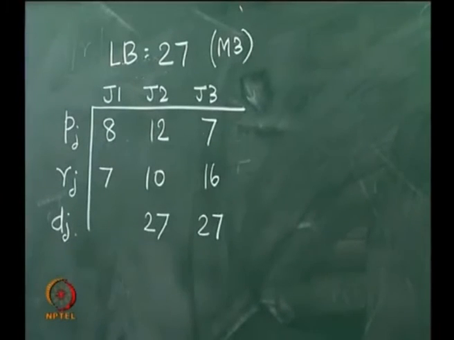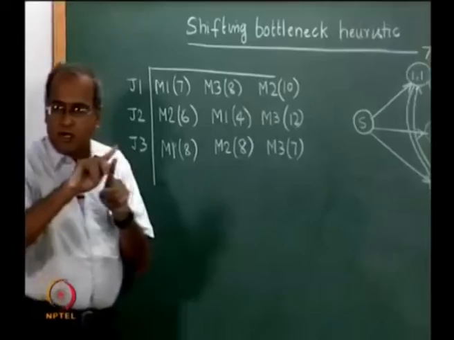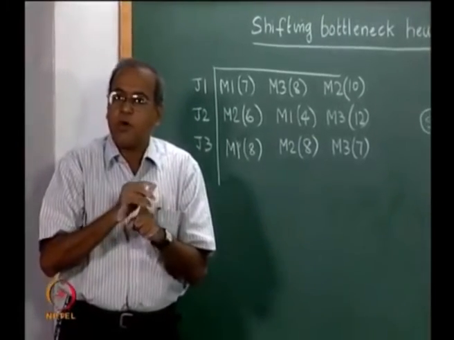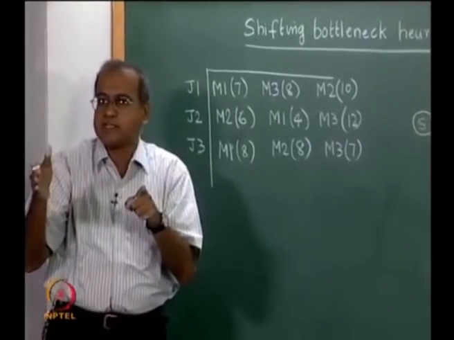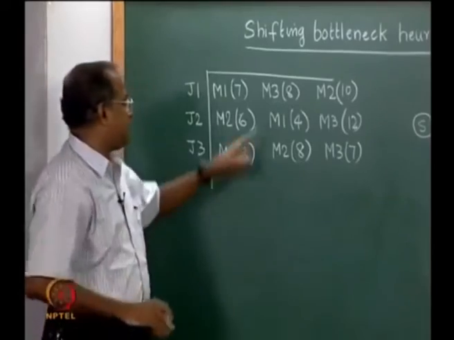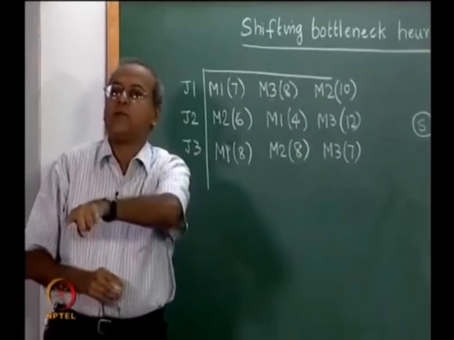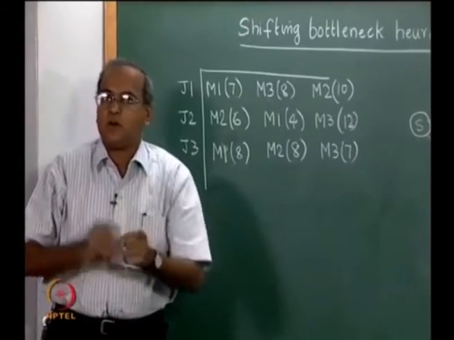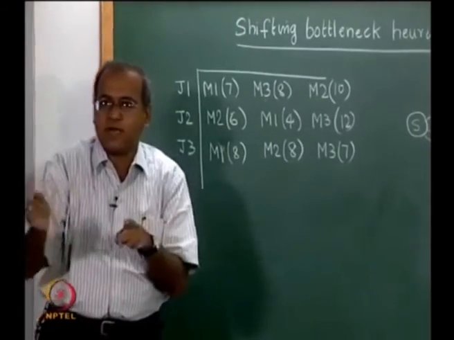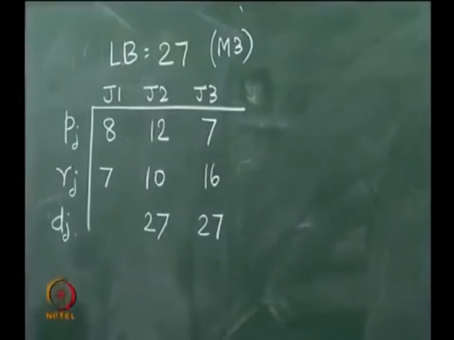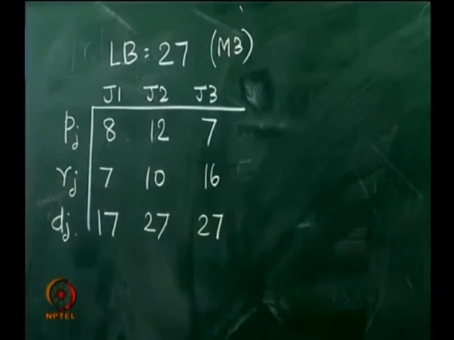But for J1, M3 is not the last machine. So, if the makespan has to be 27, then the due date for J1 on M3 has to be 17 because it requires another 10 units of time at least. So, the maximum you can stretch the due date will be 17 for J1. So, now our data is complete when we have to do the 1|rj|Lmax on this.